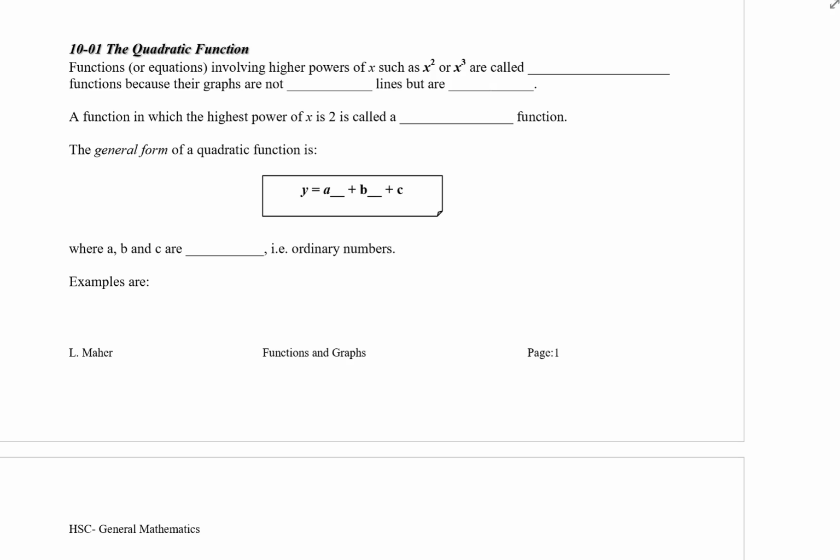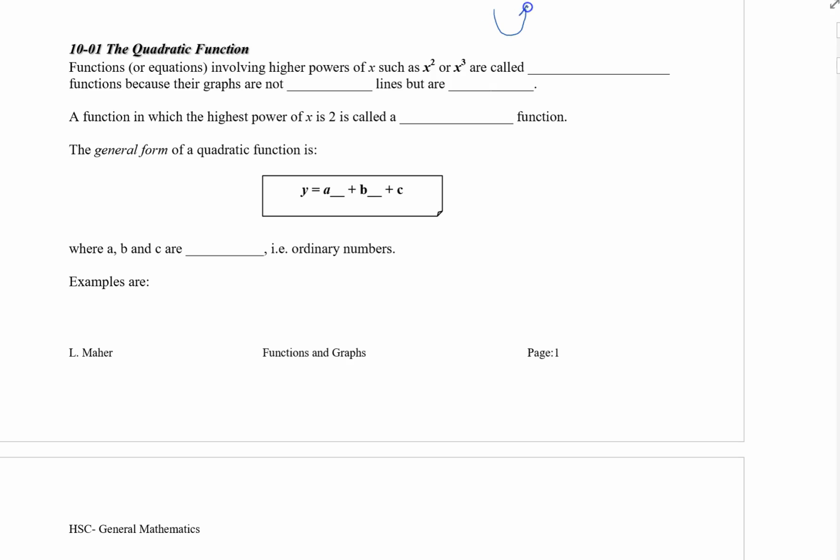The big feature, because linear means straight, the feature of non-linear means that the graph will be not a straight line.